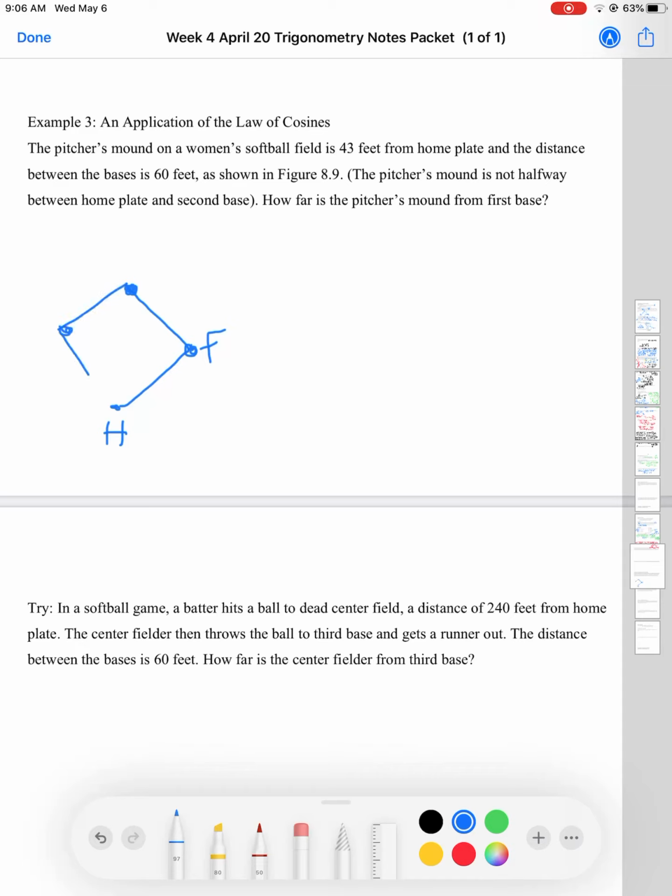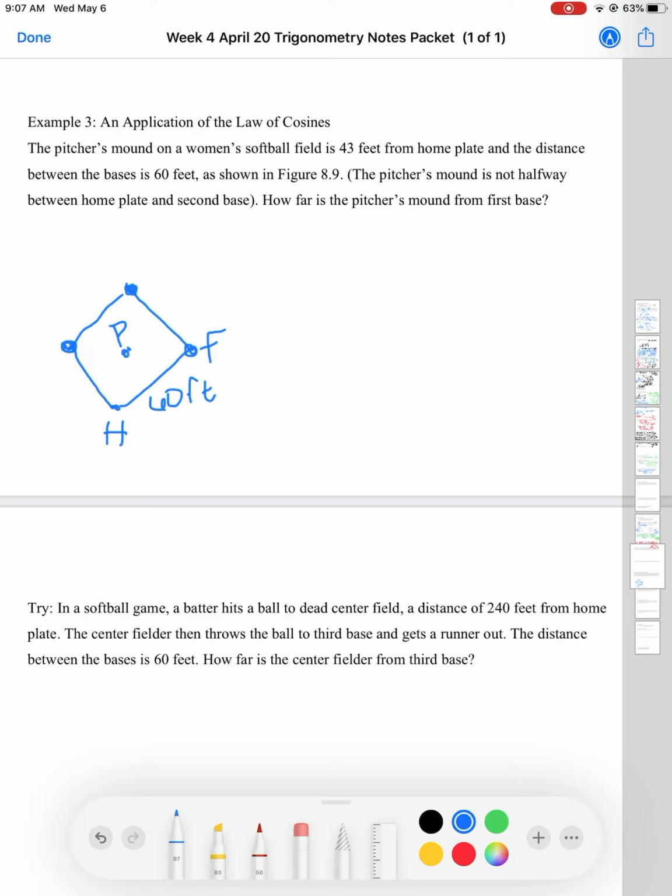I mean, we all know what a softball field looks like. We're going to pretend that is a perfect square. Going to pretend I can draw. These are all 60 feet. Here is the pitcher's mound.